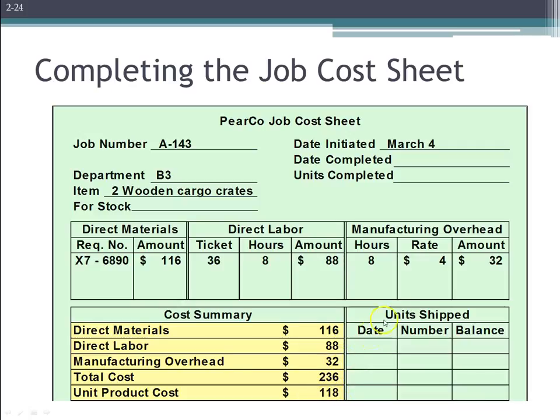Now, if we did not know that manufacturing overhead rate, we would think that our cost is significantly less. Now we know at least a very good, timely estimate of what these boxes cost us to create, and we can, of course, quote a reasonable price as long as it's over $118 to our customer.